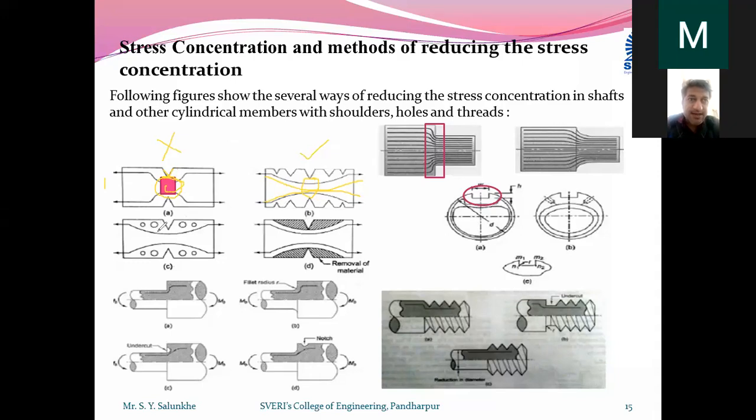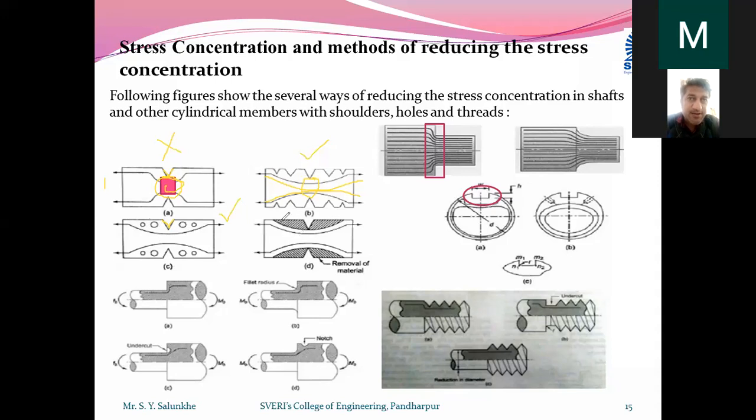Another way is this. Near the geometrical V notch which is required in that component, this is one component where the V notch is required, if you drill small holes nearby, then the streamline is again going to become smooth.